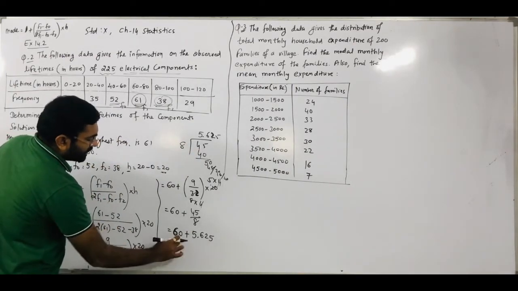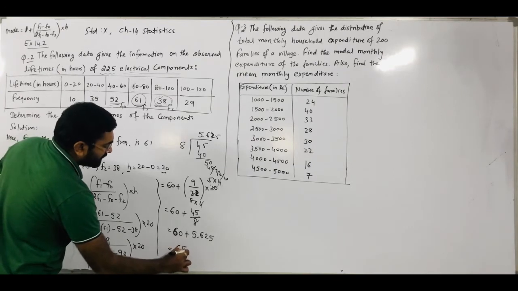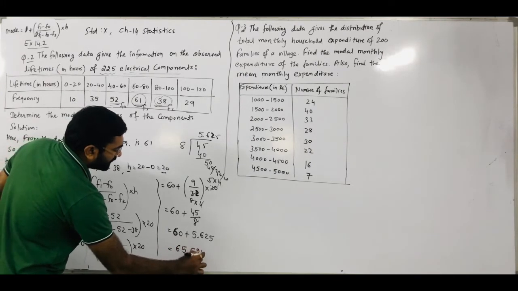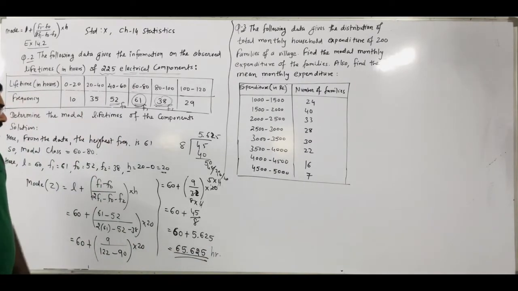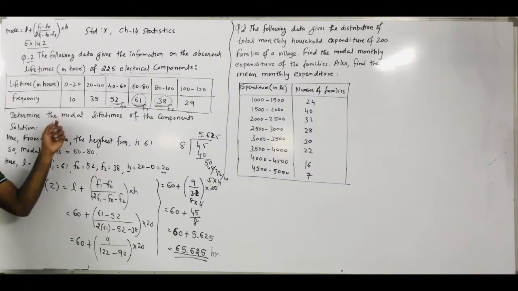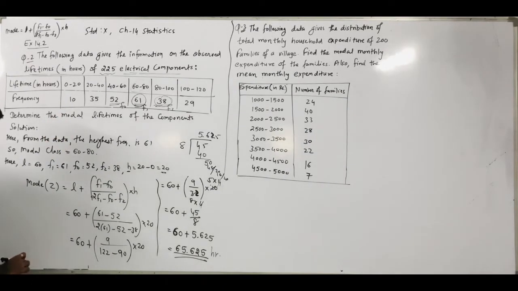To this we have to add 60, so we get 65.625. That many hours is the modal lifetime of the given electrical component. At last we have to write our answer in statement form.